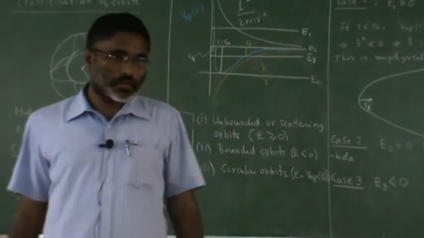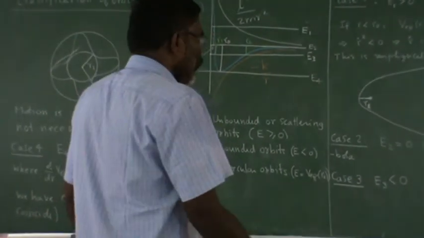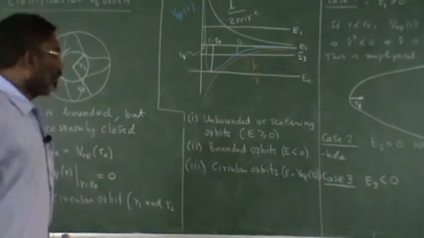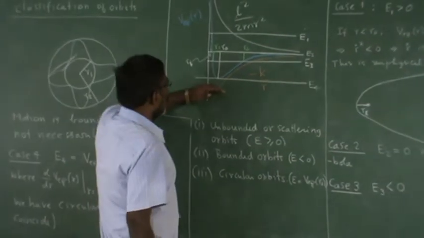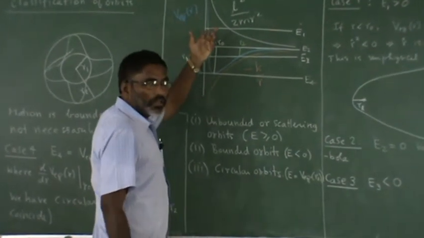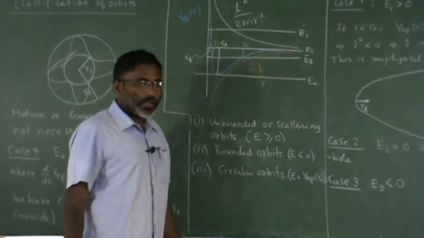What happens if E is less than E4? That is unphysical again. Because if E is less than E4, for all R, V effective is more than E. Correct?